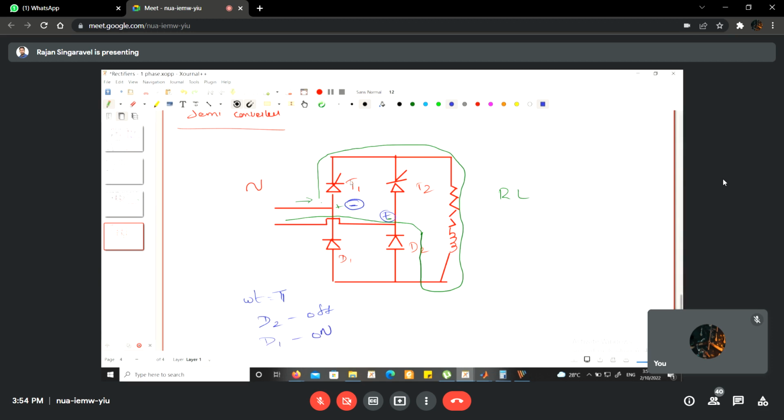Already thyristor T1 is on because the current is greater than the holding current, and at omega t equal to pi, D1 is turned on because of the forward bias condition. So now the current is flowing.